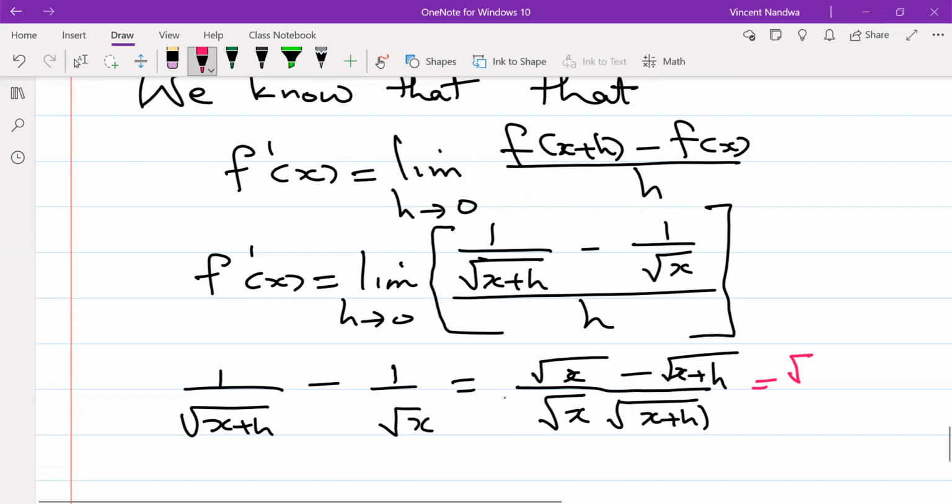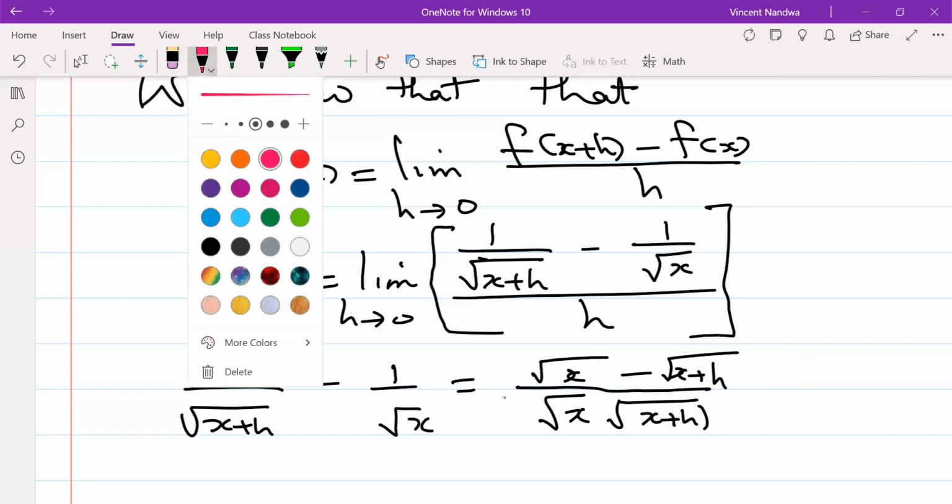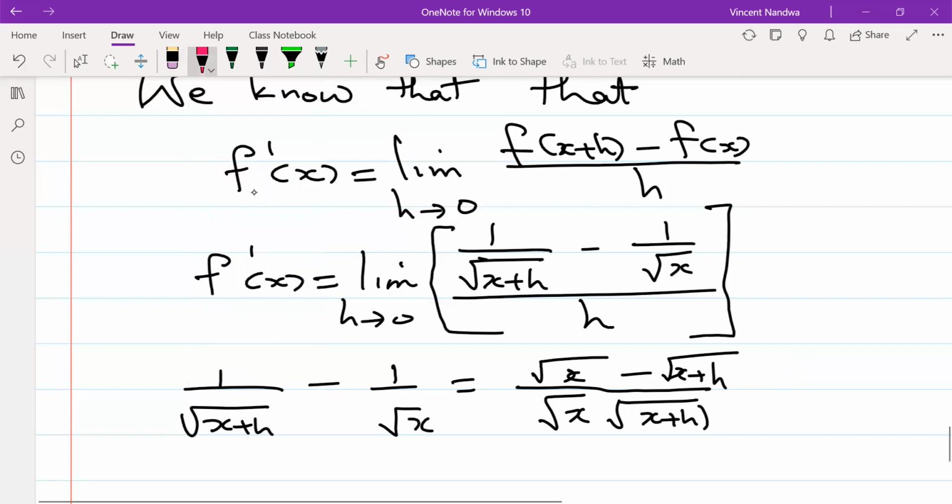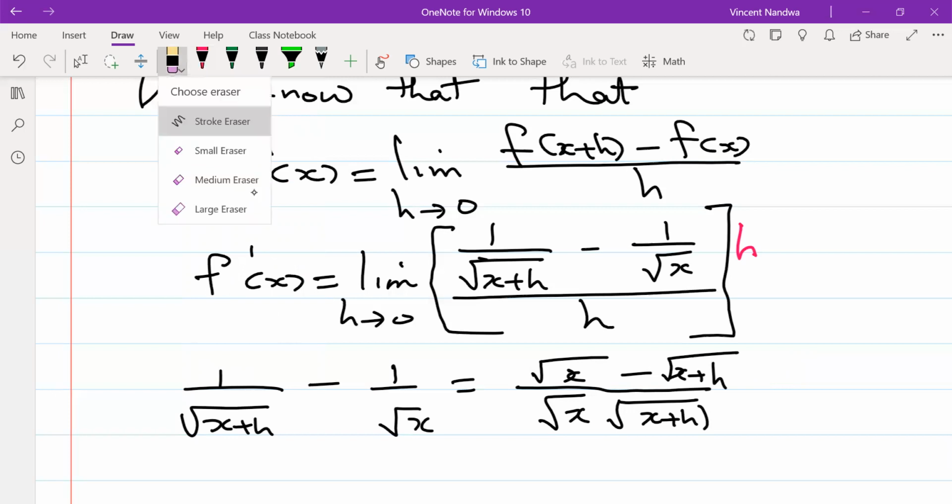So okay, let me see what you're saying. So you're saying instead of doing this, we multiply this expression by h. So remember, what you do should not interfere with the fraction itself. Huh? Yeah. So it shouldn't interfere with the fraction itself.